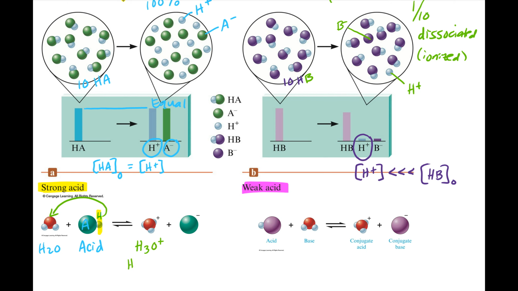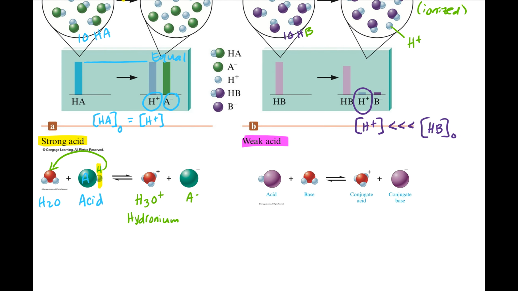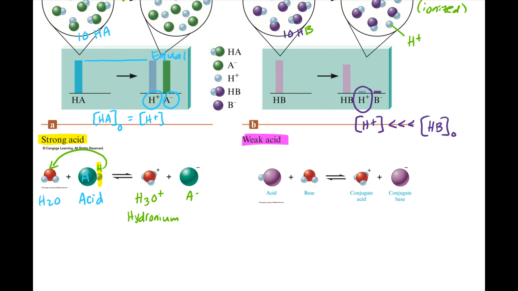We call that the hydronium ion. And what's left over from the acid is just the A minus. So we have an acid giving away its hydrogen ion to the water. The water in return becomes hydronium ion, H3O positive, and then whatever is left behind from the acid is just the A minus.